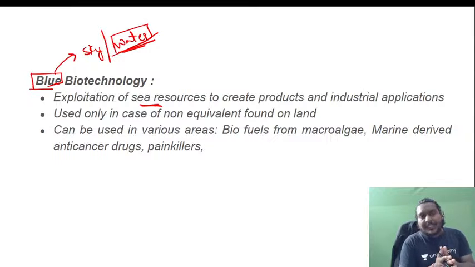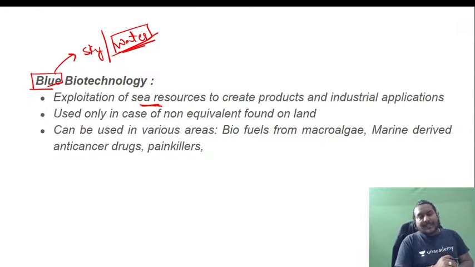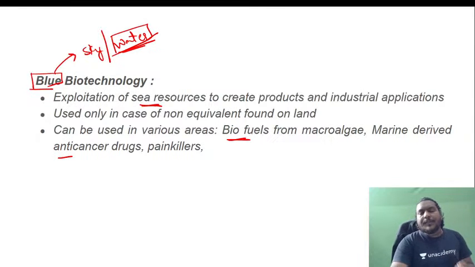That's why they say you have to go with sea resources only when you don't find an alternative or equivalent on land. Only then you go with this. It could be used in areas especially like biofuels, drugs, anti-cancer drugs derived from the sea, and painkillers. In all these cases, you could be using blue biotechnology.